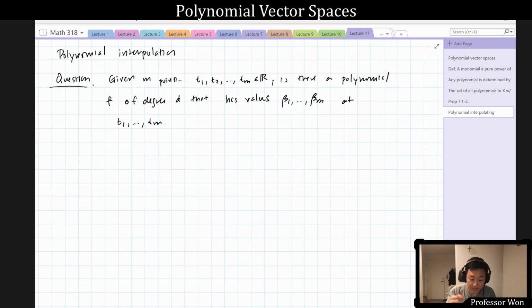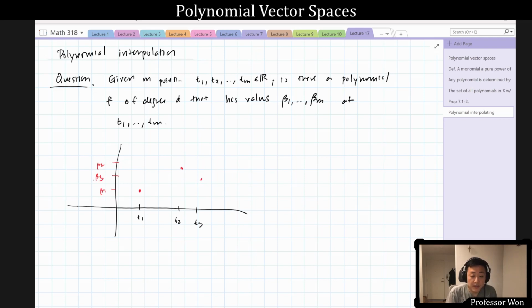This is a very natural question, right? If I pick a bunch of points, t2 is here, t3 is here, and then I pick a bunch of values that I want to occur. Here's beta 1, here's beta 2, here's beta 3.